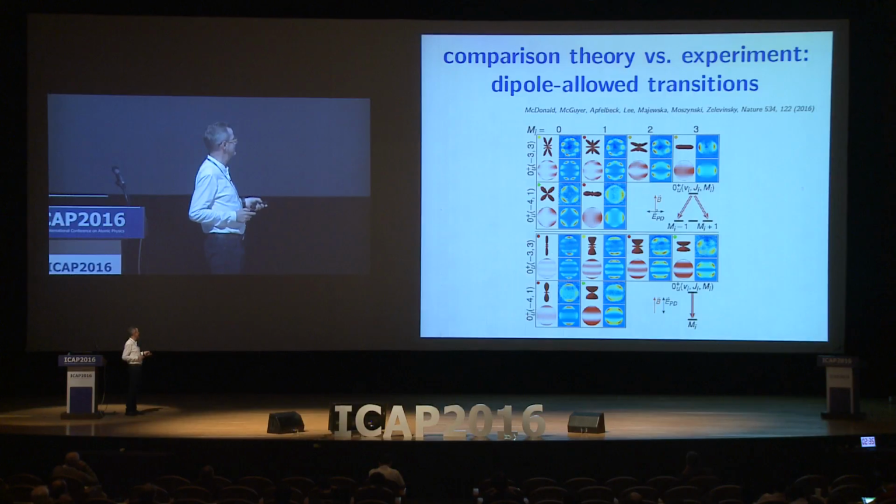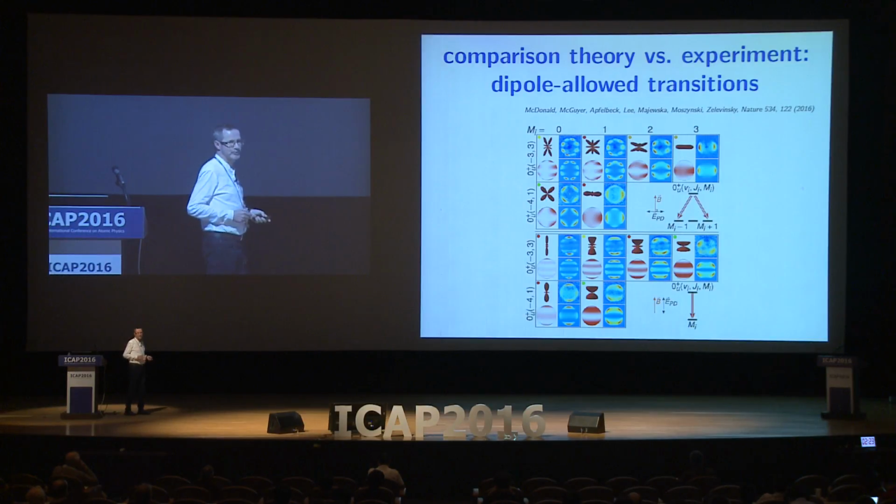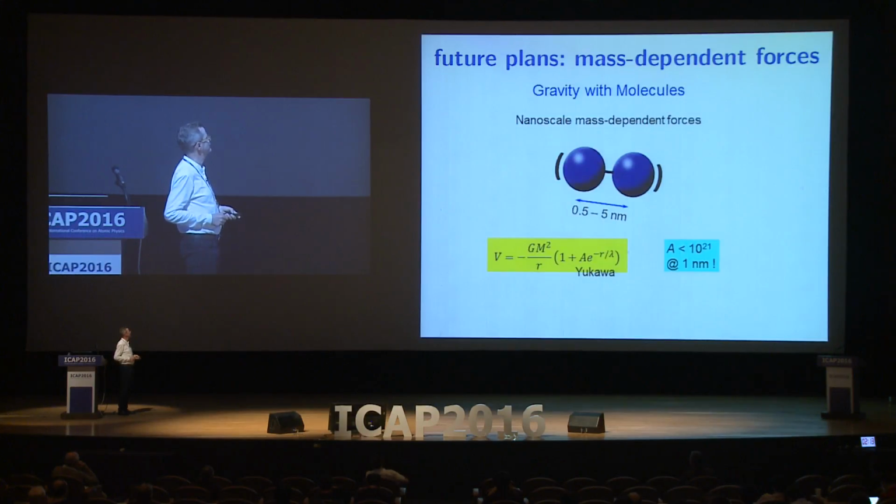In most of the cases, there is no agreement. In some cases, with these green dots, there is a decent agreement. In some cases, we could get the agreement by refitting the theoretical expression to the experimental data.